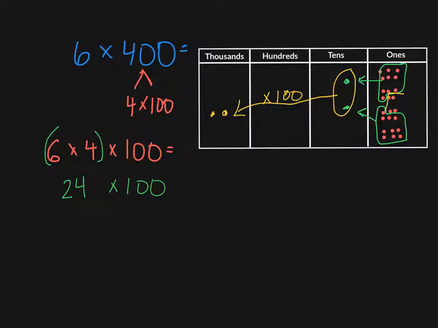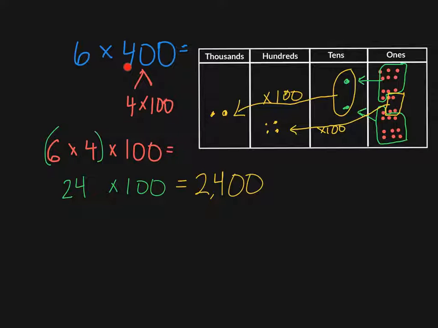And now I'm going to take these 4 ones that were left and multiply that times 100, and that becomes 4 hundreds. So 24 times 100 becomes 2,400.